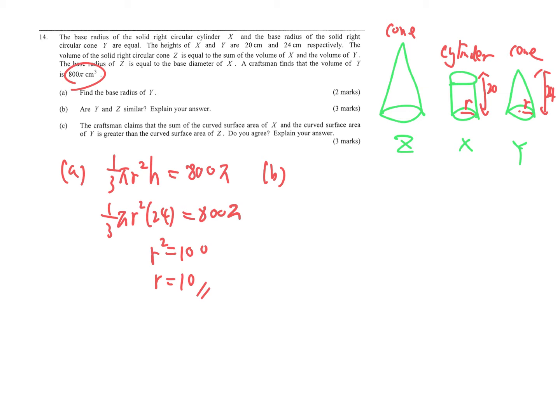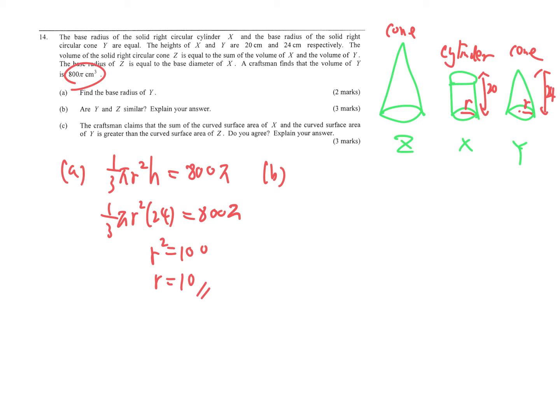For part B, in order to judge whether Y and Z are similar, we need to look at the ratio of their heights, whether it's the same as the ratio of their radii.